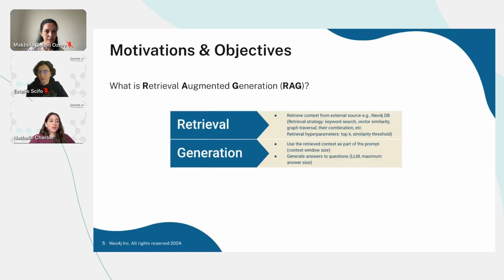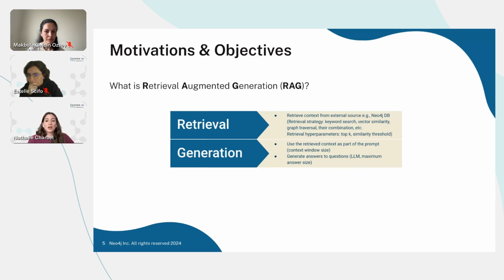So in general, there are two phases in the RAG pipeline. The first phase is the retrieval phase, where you acquire this additional information from external sources. Here in this presentation, we'll be focusing on the Neo4j database. There are different strategies that you can use in order to get this additional information, and you have different parameters or hyperparameters to configure.